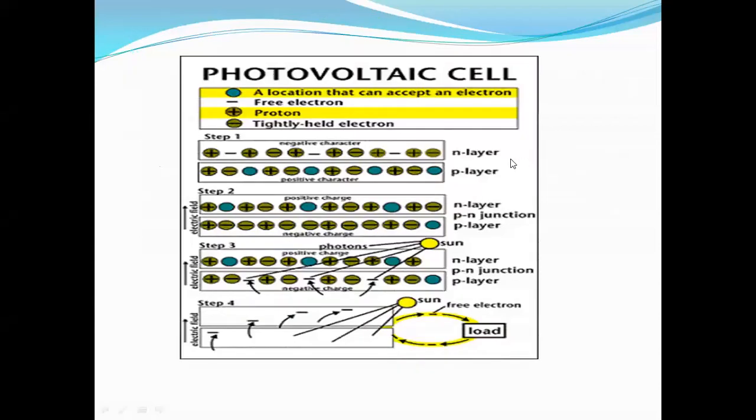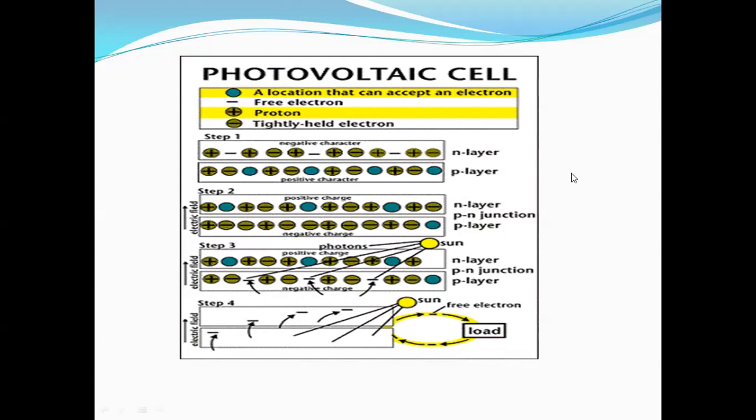Yesterday we discussed what a photovoltaic cell is. The photovoltaic cell contains two types of layers, a P-type layer and an N-type layer, which are connected by the junction layer, known as the PN junction layer. Then what happens in the presence of light radiation? When sunlight is focused on the photovoltaic cell, electrons are excited from the valence band to the conduction band.